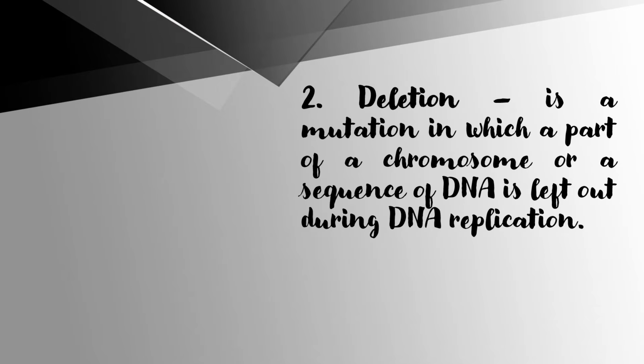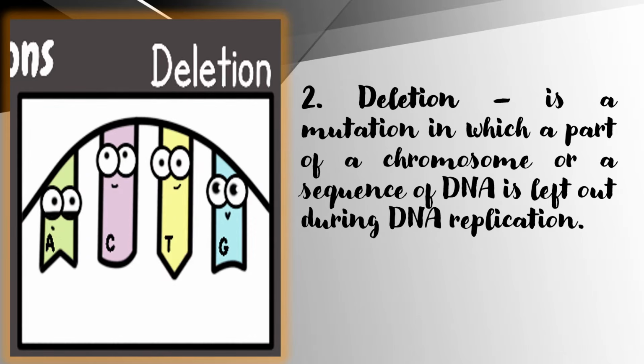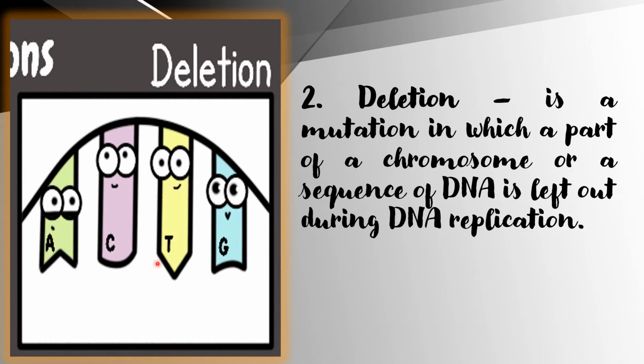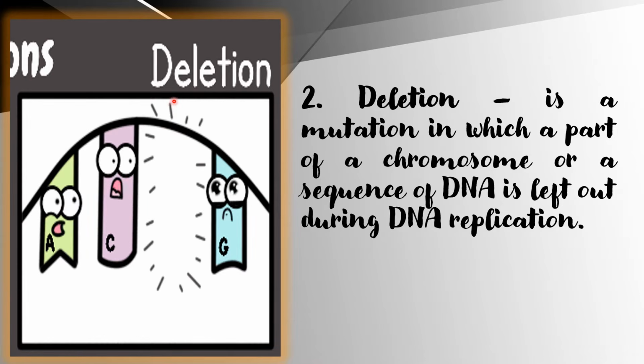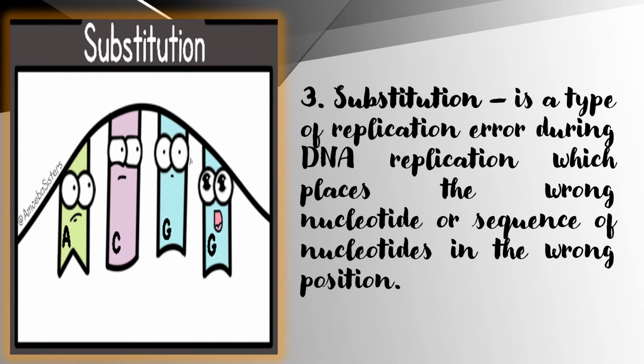Number 2 for the gene mutation is deletion. It is a part of mutation in which a part of chromosome or sequence of DNA is left out during DNA replication. Nagkaroon ng deletion o nawala ang isang nitrogenous base sa DNA. So definitely, magkakaroon ito ng pagbabago sa production ng protein. The third type of gene mutation is the substitution.